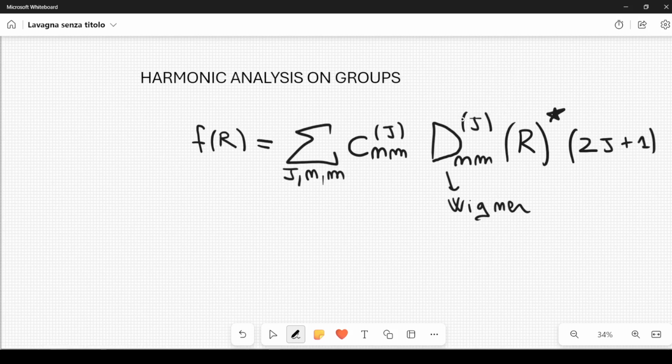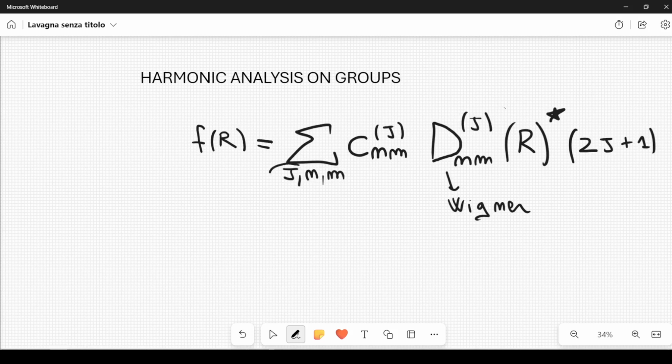These are called the Wigner matrices, and they form a complete set. So you can expand a function of the group in terms of these matrices. Now, this is very similar to a Fourier series expansion if you think about it, because for the Fourier series expansion you have complex exponentials. In this case you have a representation of groups, so it is some kind of generalization of that.